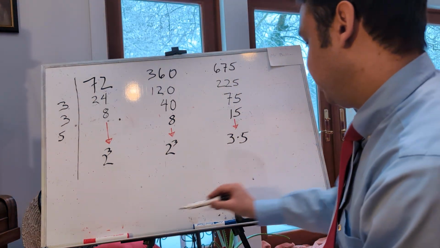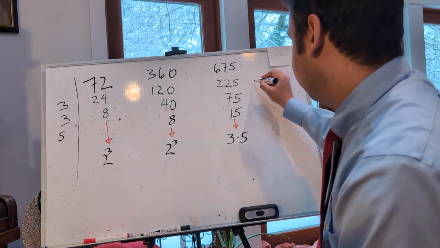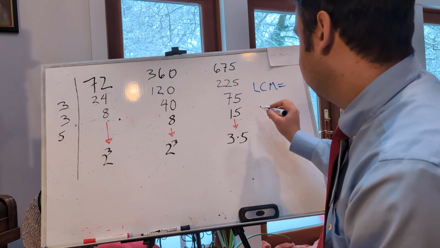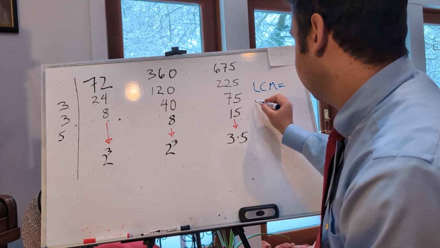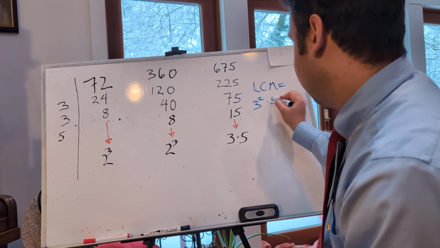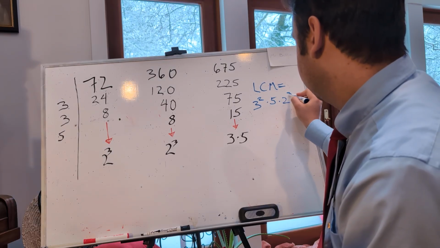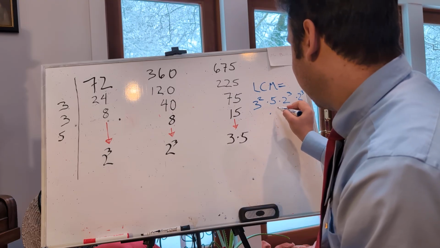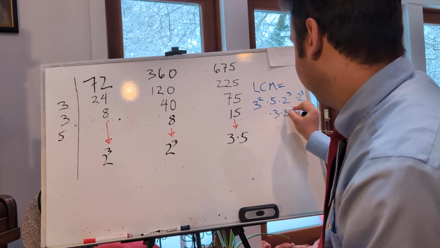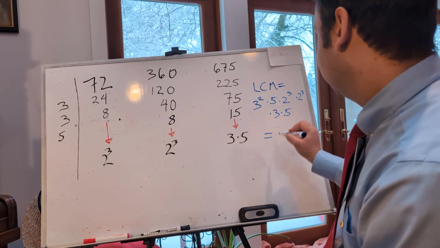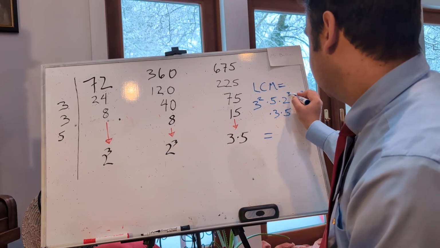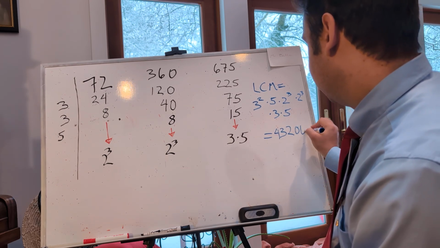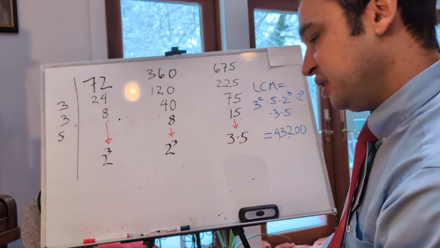Okay, so for our least common multiple, I'll write that here, is, let's see, 3 squared times 5 times 2 cubed times 2 cubed times 3 times 5 equals, it would be 40, I did this earlier, 43,200.